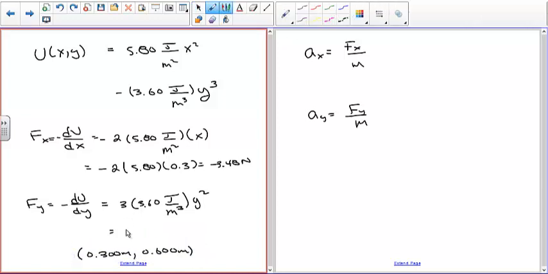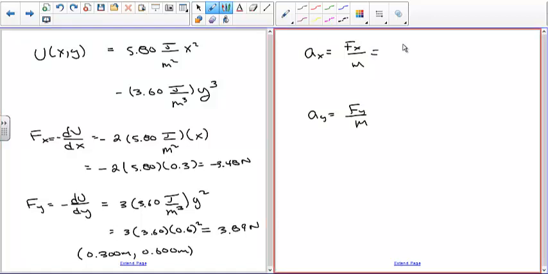So we'll have 3 times 3.6 times 0.6 squared, and I get plus 3.89 newtons.